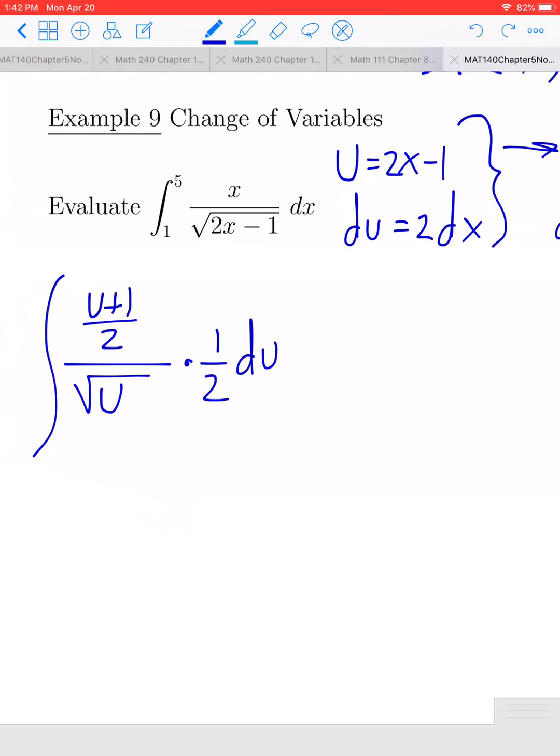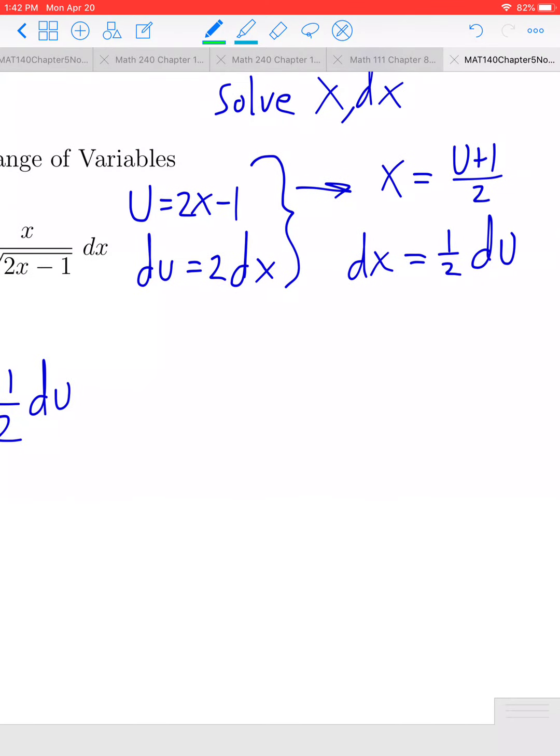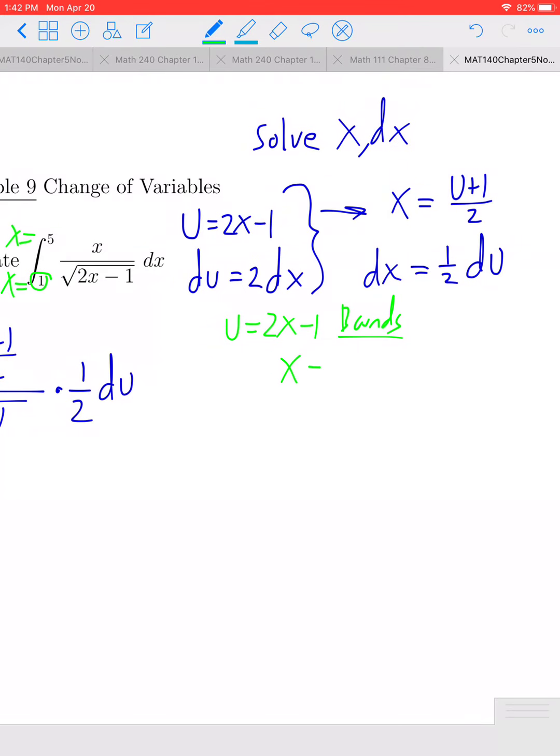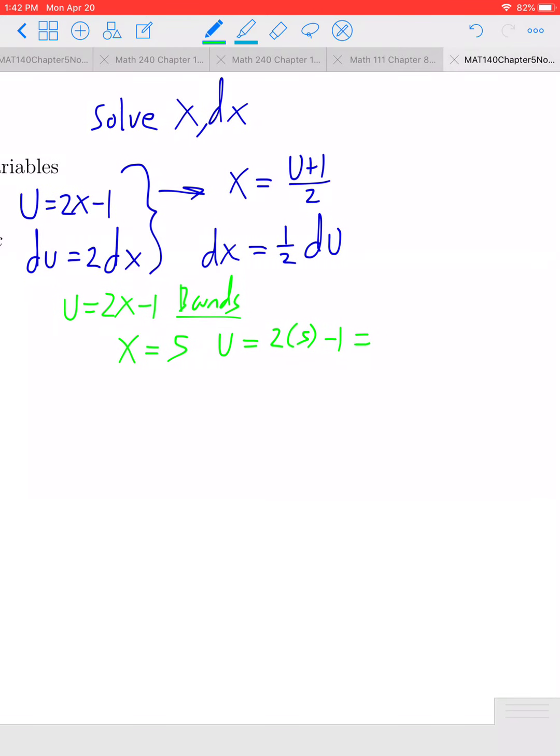We're going to, of course, simplify what's on the inside here, but before we forget, let's go ahead and change our bounds over. Right now, the bounds are going from x equals 1 to x equals 5. We know that u is equal to 2x minus 1. So when x equals 5, u is going to be 2 times 5 minus 1, which is 10 minus 1, which is 9.